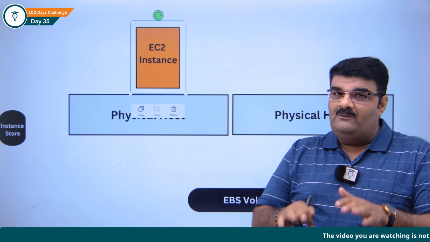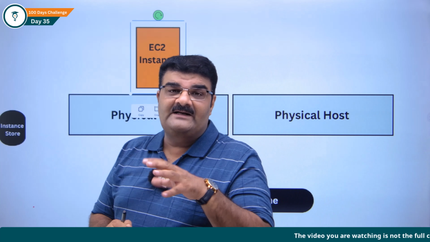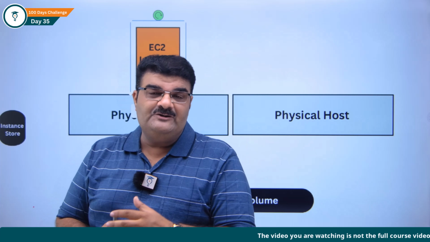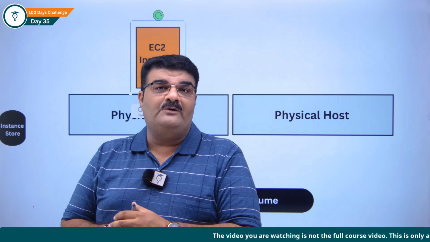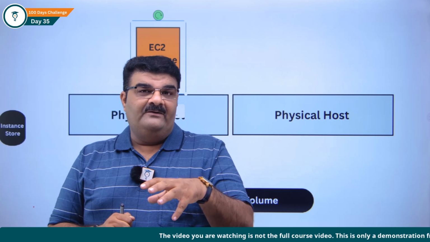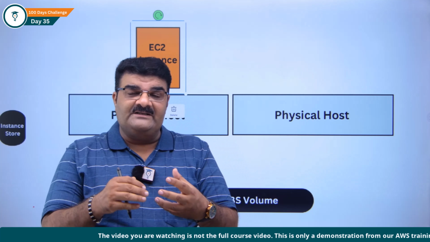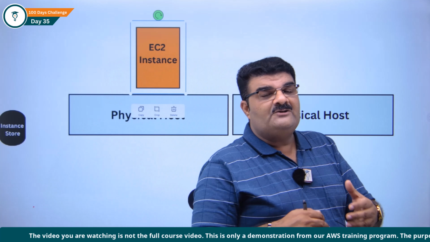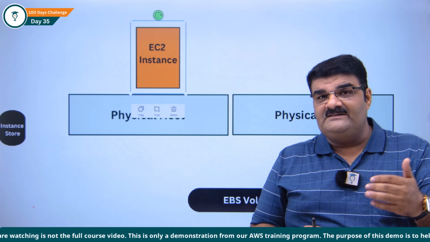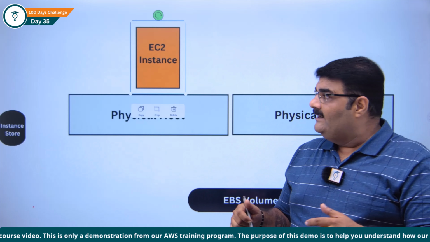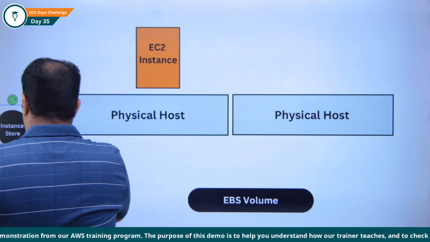Now let's go back to our point and understand Instance Store. Instance Store is a block storage. We attach this to our EC2 instance so we can store data inside the Instance Store. Now here I have Instance Store.